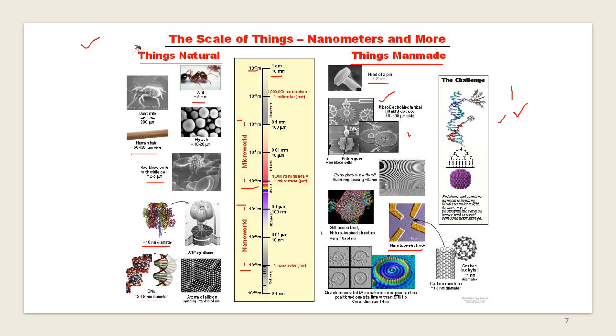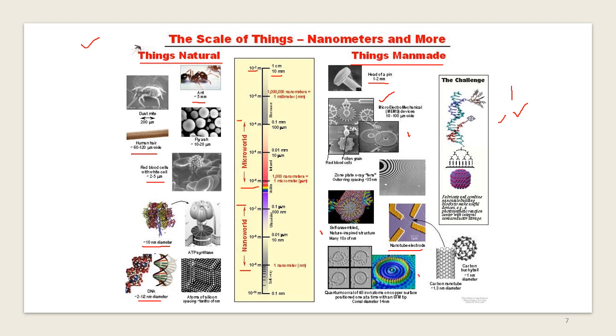Here there are self-assembled structures of as many as 10 in number, 10 nanometers in size. Then the quantum coral of 48 iron atoms on a copper surface, positioned at 1 angstrom with an STM tip, with a coral diameter of 14 nanometers.